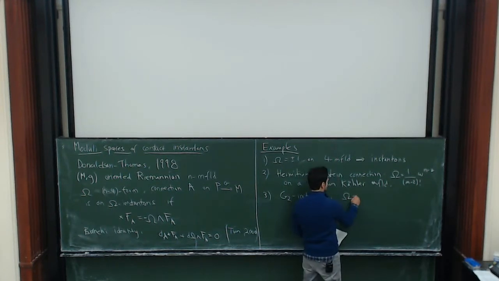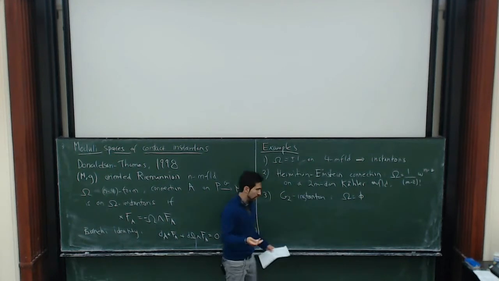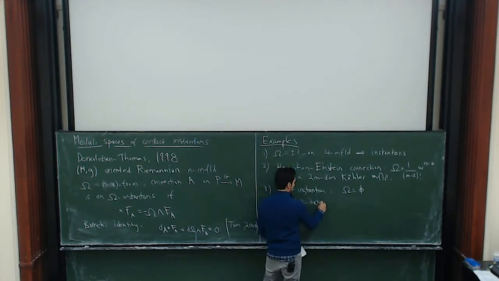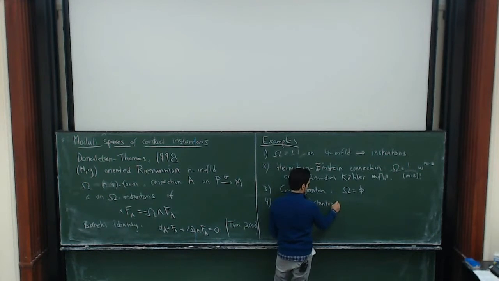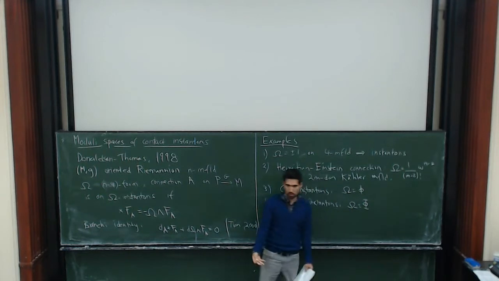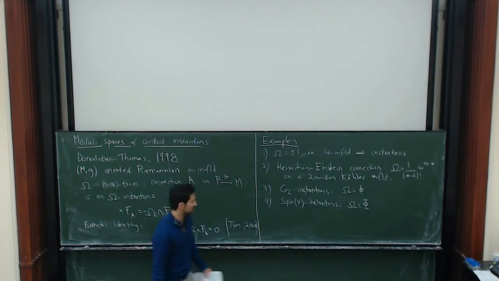So you pick omega to be your 3 form. And finally, the most exceptional holonomy is Spin(7) instantons on an 8 manifold, where you pick omega to be the 4 form on your 8 manifold that's preserved under Spin(7).